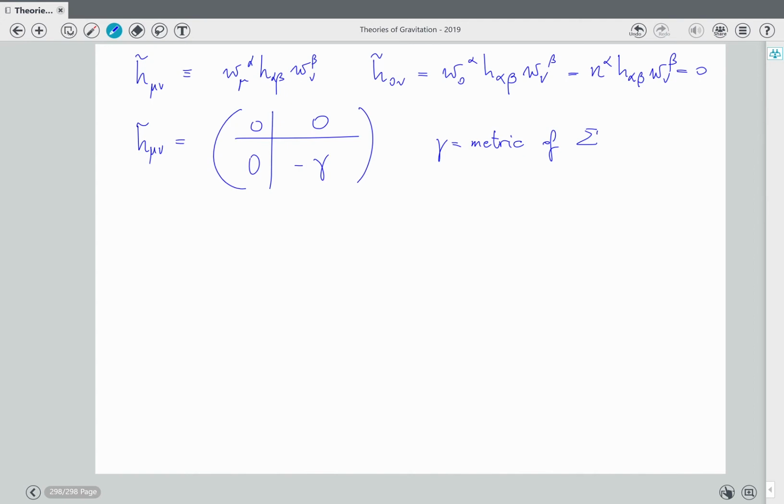Now, let sigma be defined by an equation.